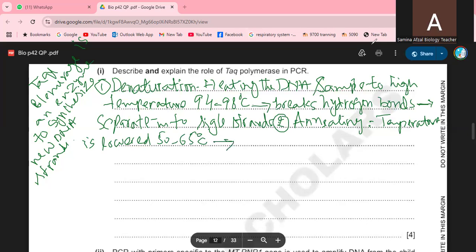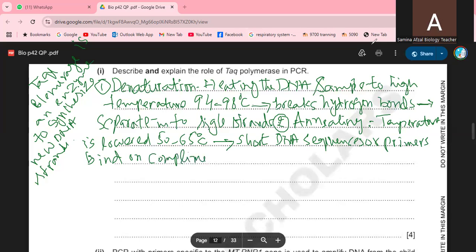So what will happen during this? The short DNA sequences or primers will bind on complementary regions on the single strands.